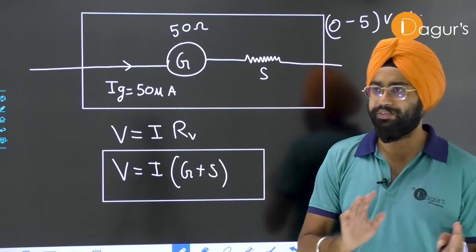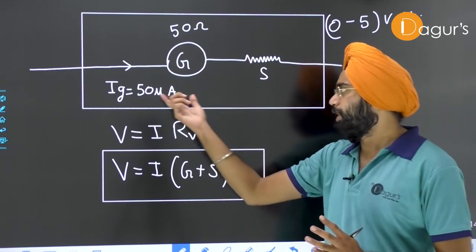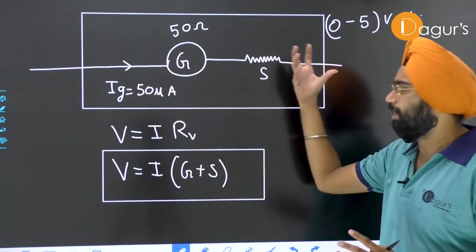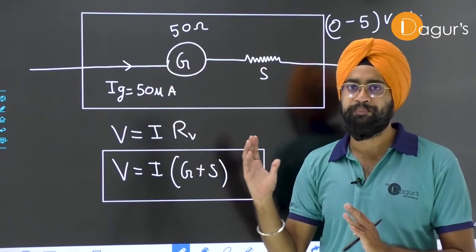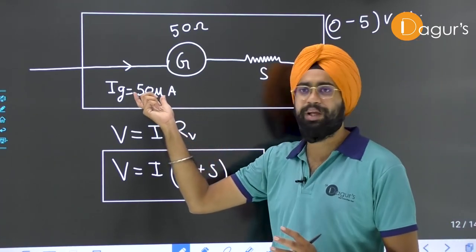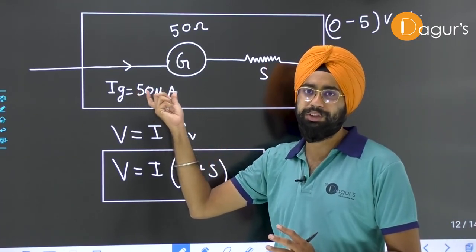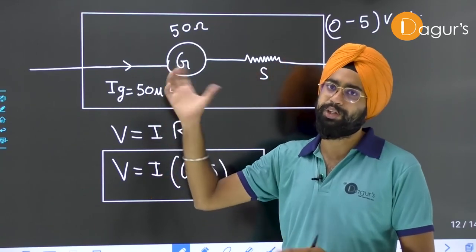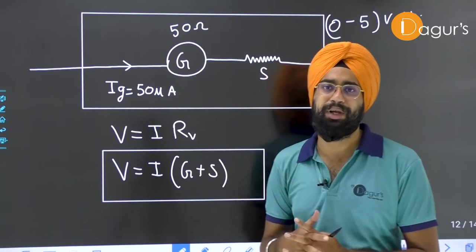And we know that we are measuring potential. So, potential difference V equals IR. There is a limitation in I. The maximum current that can flow is 50 microampere. So, this is becoming a constant for us. We can decrease it, but we cannot increase it.